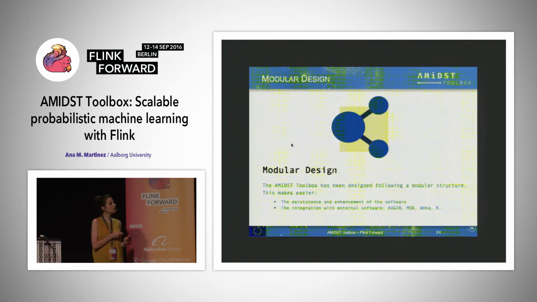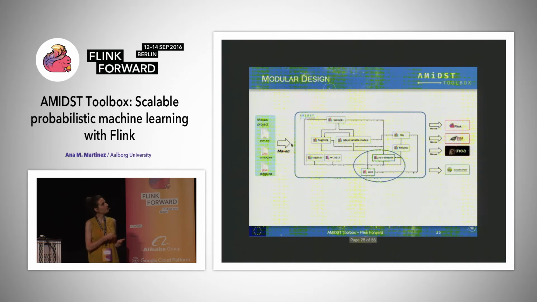We've integrated this AMIDST Toolbox with other software like Moa, Weka, and our partner Hugin as well. And this would be the Maven modules. The core and the core dynamic modules are the ones that contain the main functionality of the toolbox. We use Flink for the distributed part.